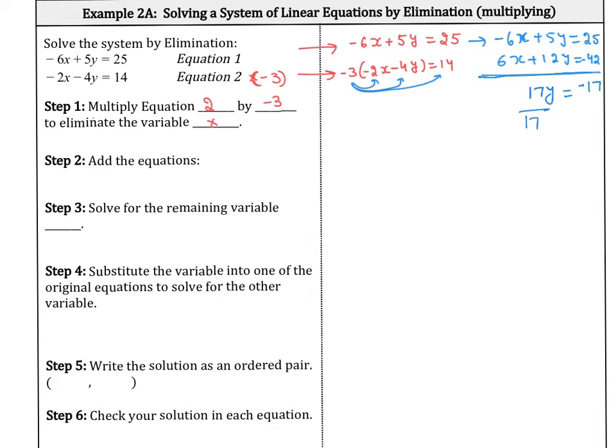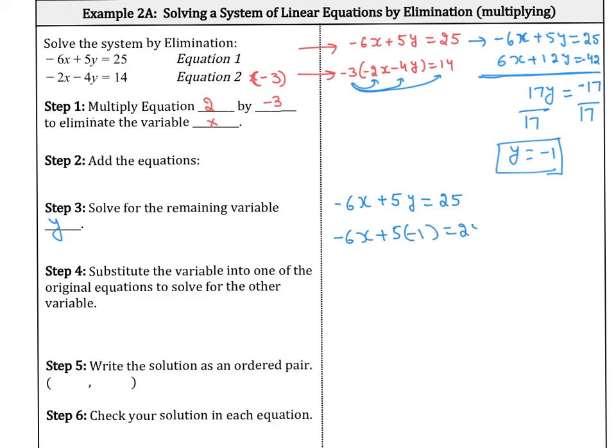To solve that, we divide by 17 on both sides, and y equals negative 1. Now we use one of the original equations, and I'm using the first equation, negative 6x plus 5y equals 25, and use the y value of negative 1 and solve for x.